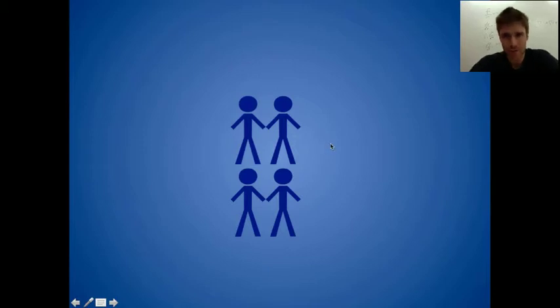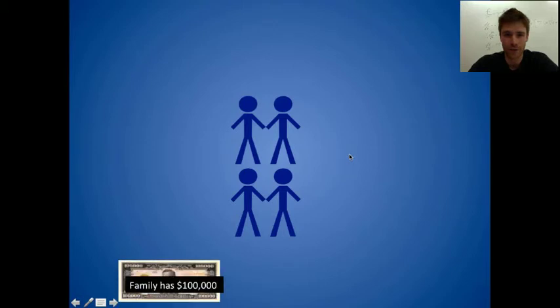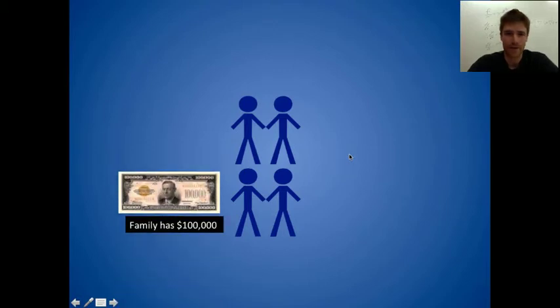To put this in more concrete terms, we can think of a family budget, a family of four, let's say. Let's say the family has a total wealth of $100,000. This $100,000 is analogous to the temperature in the actual energy budget.